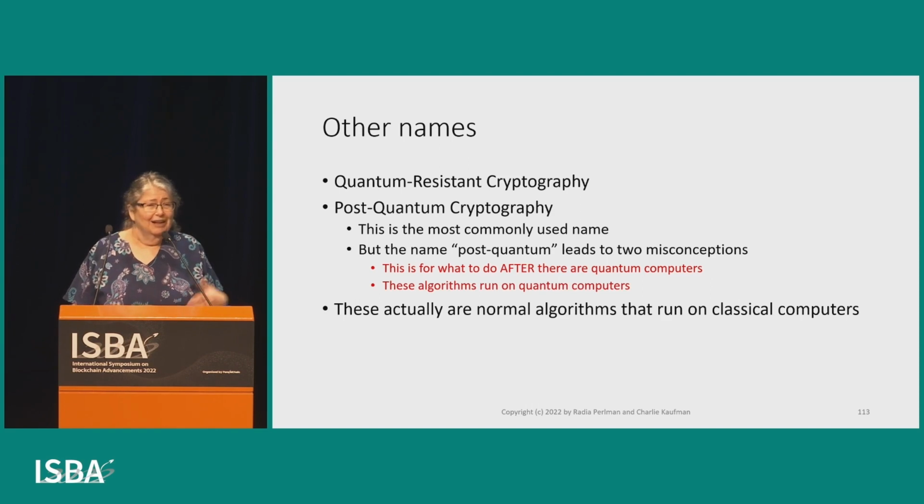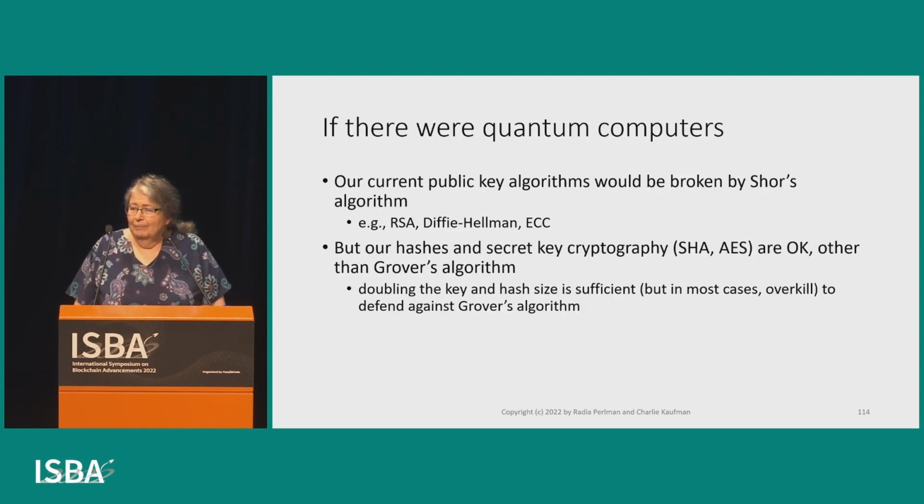And they're based on other math problems that we hope that nobody will invent some sort of quantum algorithm to break them, or that somebody more likely would find a classical way of breaking it. So, as I said, if there were quantum computers, our currently deployed public key algorithms would be broken by Shor's algorithm.